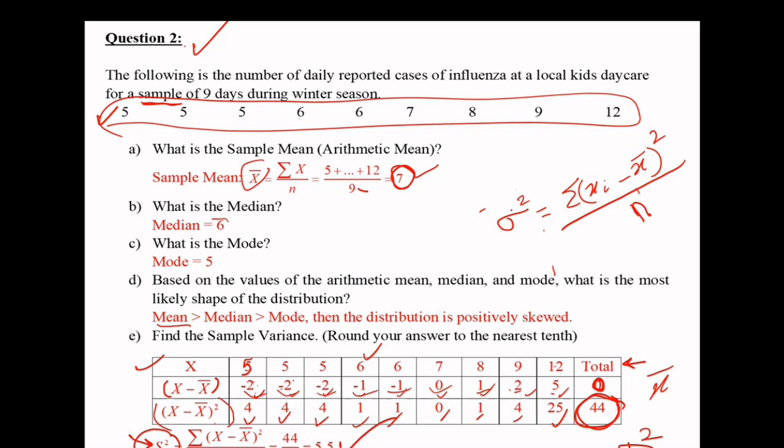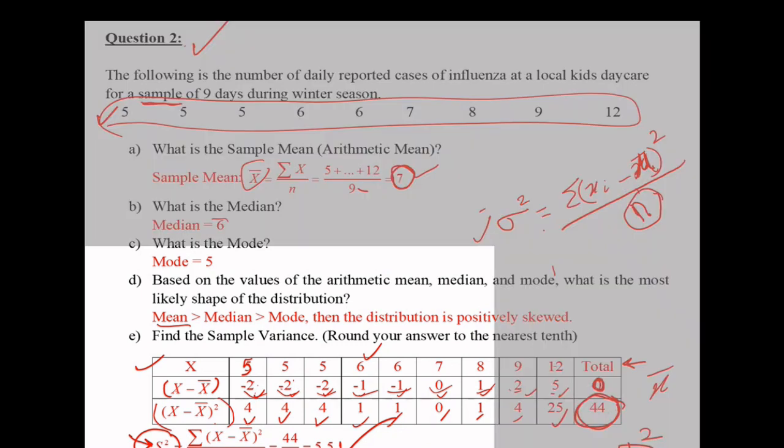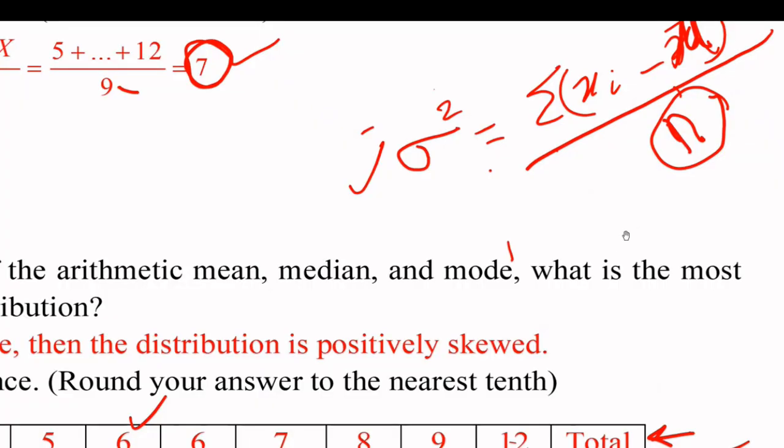Or if it is a population, this will be mu. Actually, it is mu, just the annotation. Here we divide by n if it is a population. If it is a sample, we divide by n minus 1.